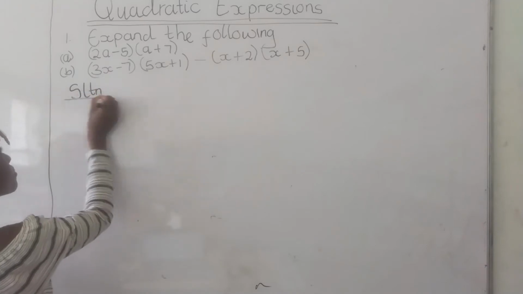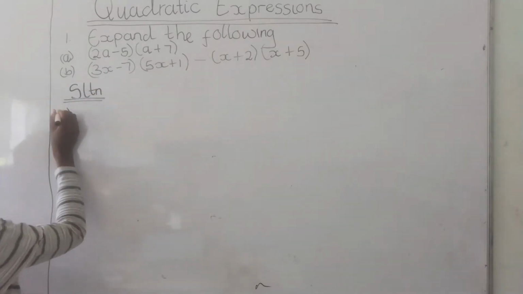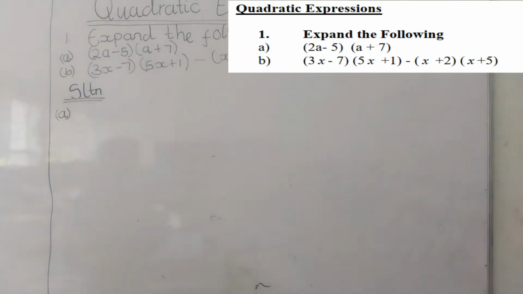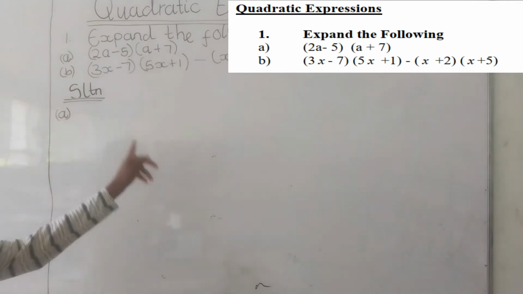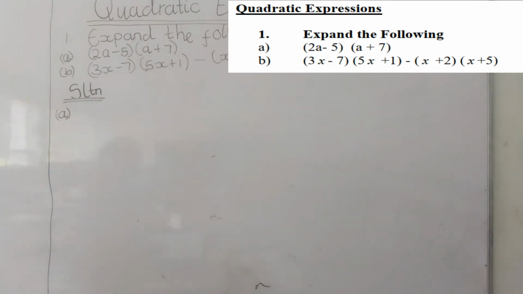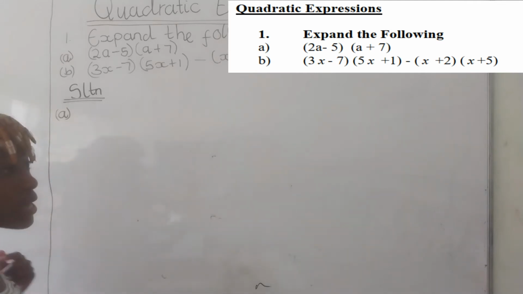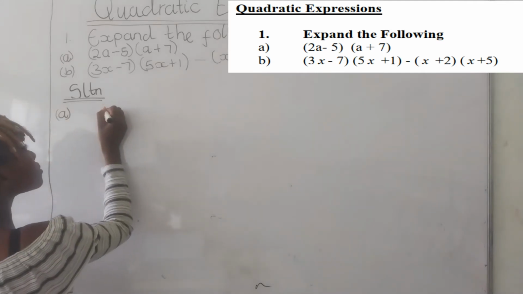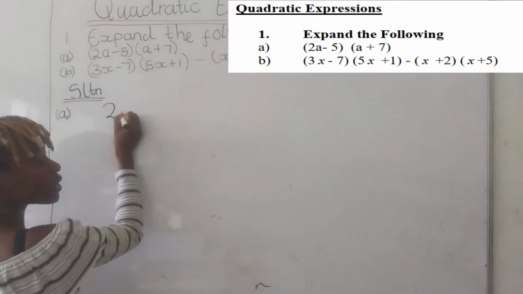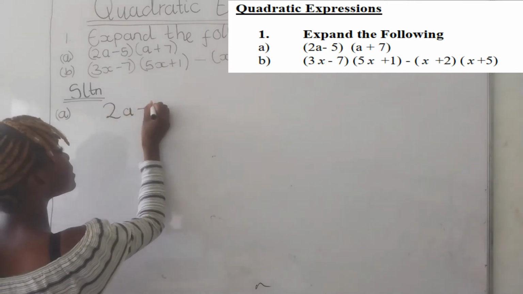Solution. We have to simplify this first part A. It reads 2a minus 5 bracket a plus 7 in brackets, to expand the following. So we are just required to expand. So we are going to say 2a minus.